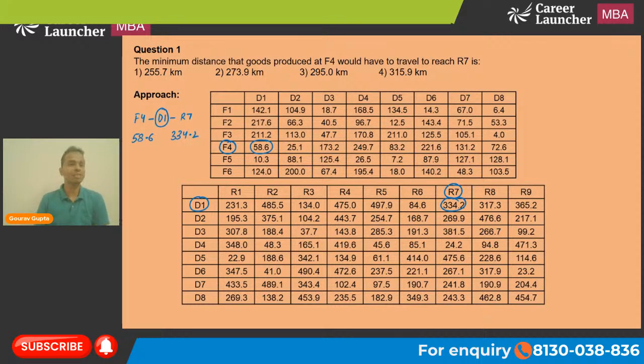If I add up these distances, they will be somewhere around 392 point something. So you just have to keep changing the depots, and that will give you the different total distances that can be traveled. Out of these distances, you will have to find out which is minimum.